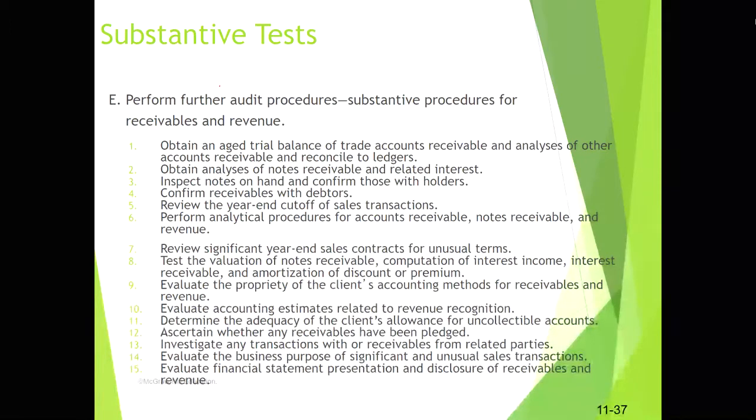Okay, so one thing we can do, well, we can do several things. This number 4, it's not letting me draw. That's unfortunate. This number 4 here is probably the most common, or one of the best tests we can do, where we're doing a confirmation with our clients' debtors.